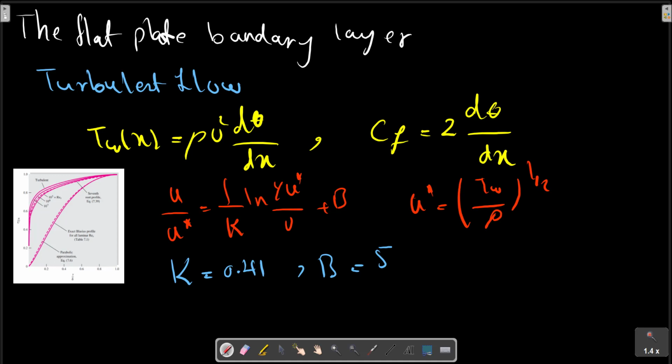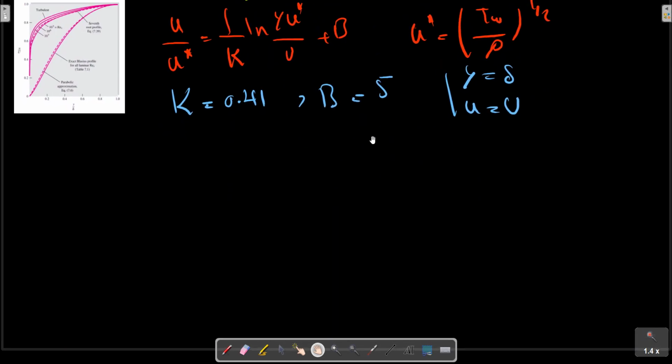At the outer edge of the boundary layer, we had this condition: velocity equals the upstream velocity. So we can write the logarithmic equation for this case of study.